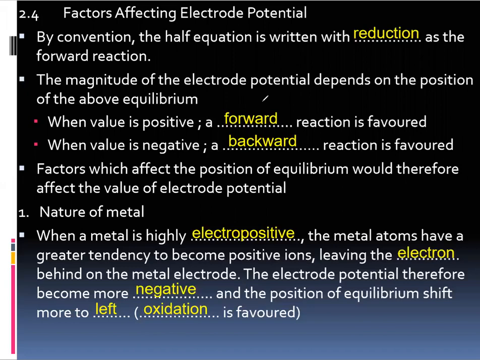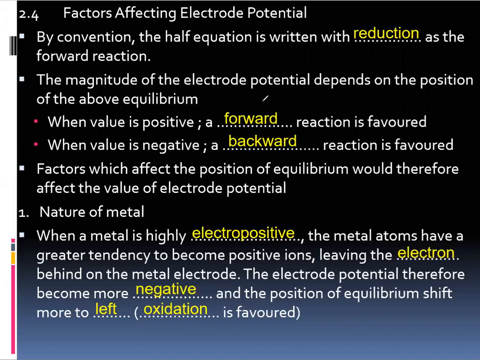So when a metal is highly electropositive, the metal atom has a greater tendency to become a positive ion, leaving the electron behind at the metal electrode. Because it wants to become a positive ion, the implication is that it will have to lose electrons. So it leaves the electron at the metal electrode.